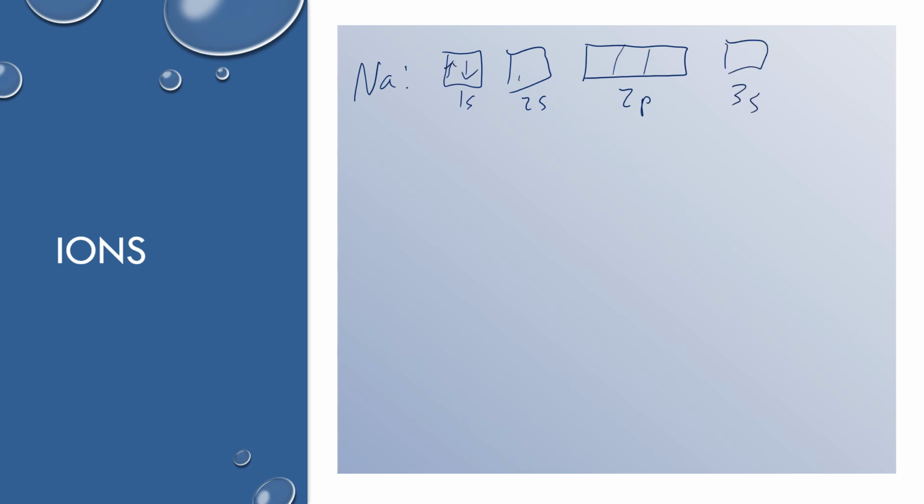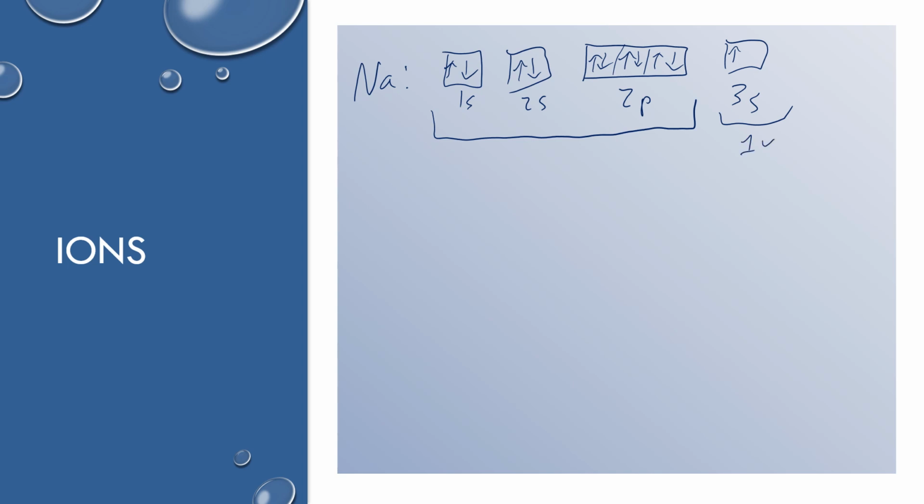Sodium is a metal, so it's likely to lose electrons. The reason why it's likely to lose electrons is because this is its core energy level. So the 1s is completely full, and then the 2s and 2p, second energy level, is completely full. It just has one valence electron.